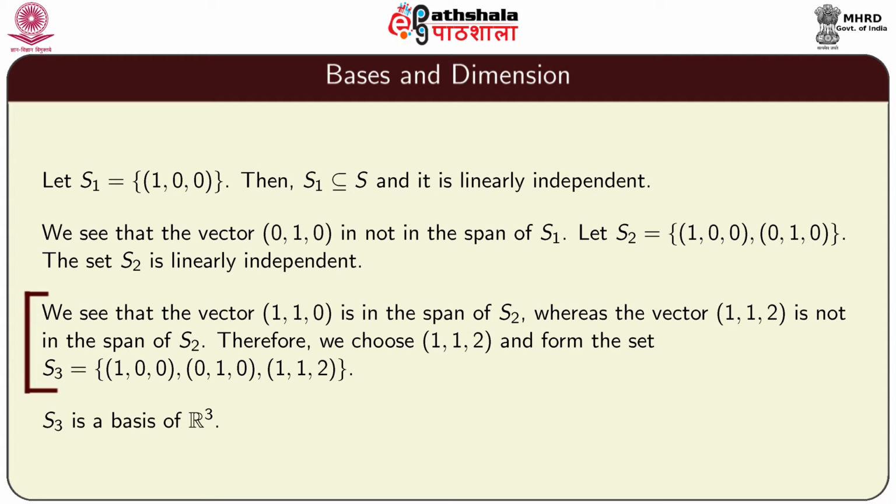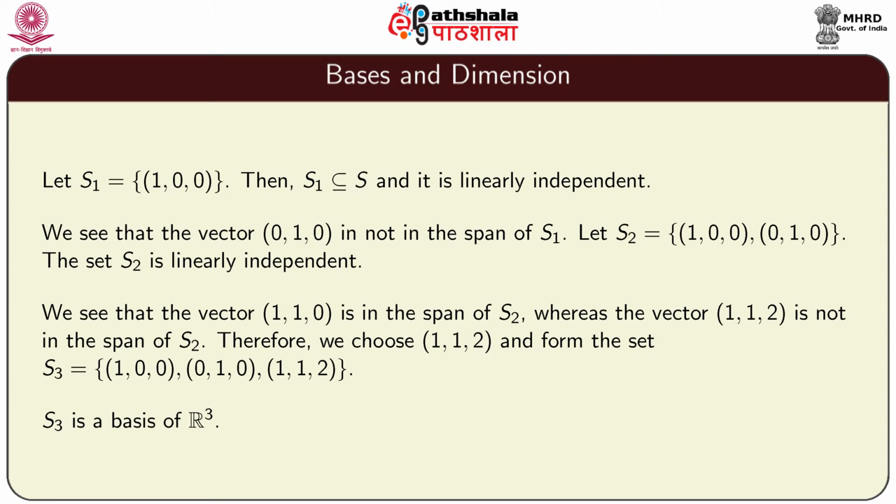Therefore, the set S is not contained in span of S2, and that is because of this very vector (1,1,2). So, we can pick this up and take it in our list and form the set S3, which is (1,0,0), (0,1,0) and (1,1,2). Now, it is clear that S is contained in the span of S3.